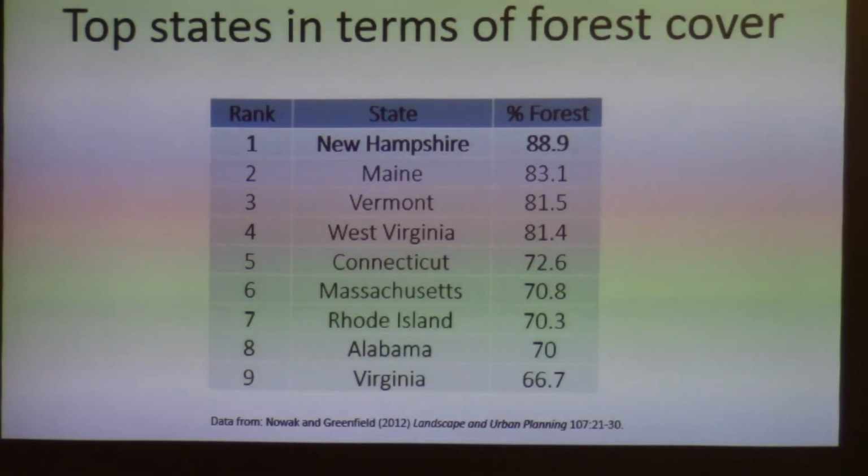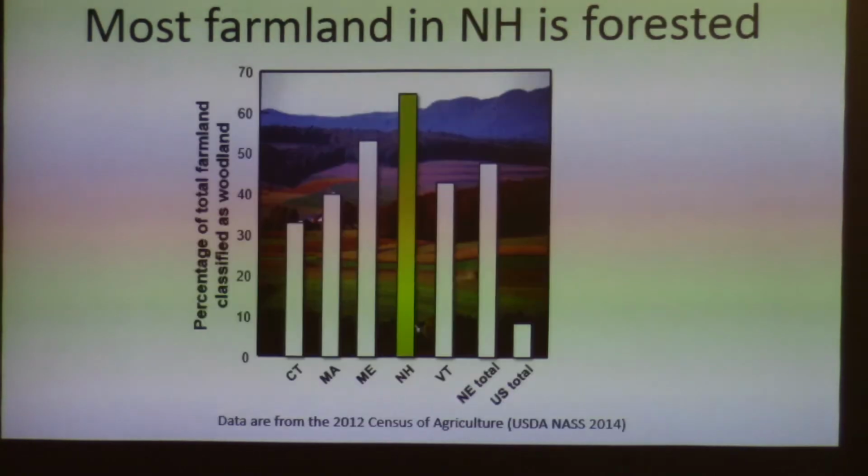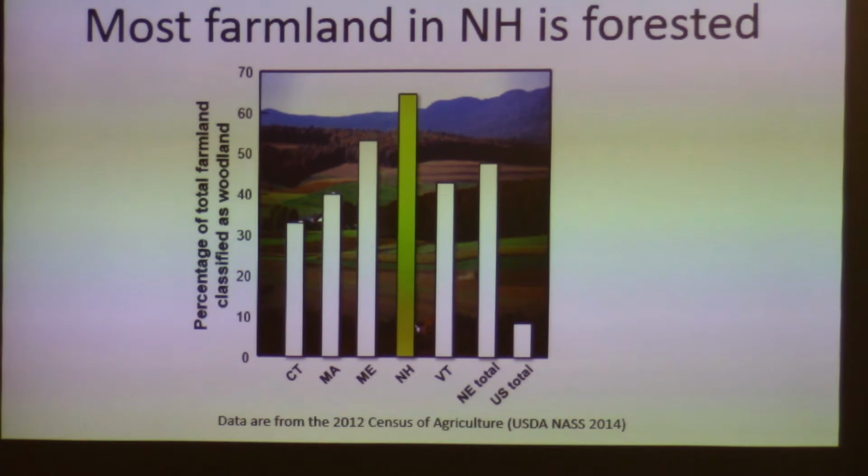In fact, we are the most forested state in the United States on a percent area basis. And most of our land that is not in cities or towns or houses or agricultural fields is in forested cover. And in fact, a lot of that forested cover is located on farms.